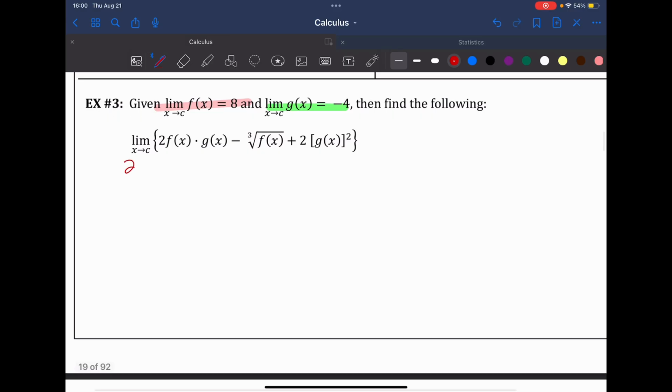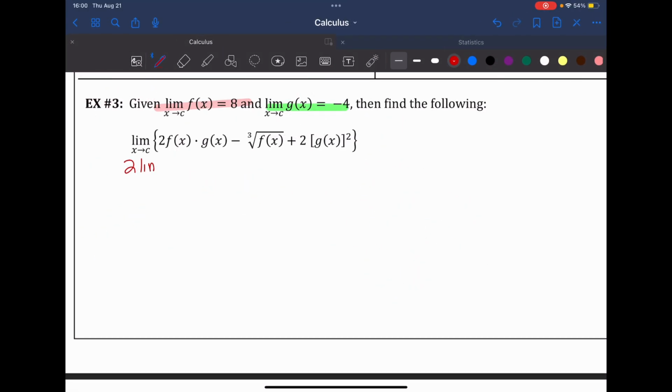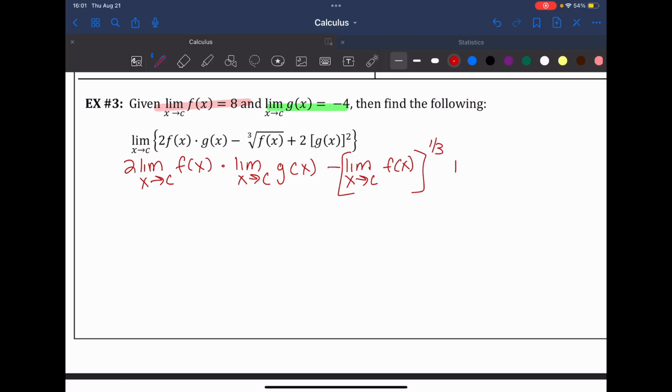So I have 2 times the limit as x approaches c of f of x times the limit as x approaches c of g of x, minus the limit as x approaches c of f of x, this entire part raised to the 1/3 since it's the cube root, plus 2 times the limit as x approaches c of g of x, and then this whole thing squared.